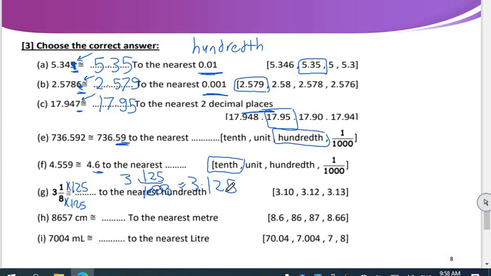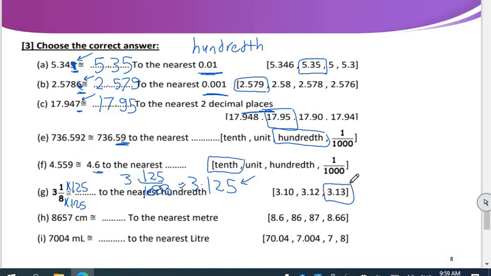So we ask 5. 5, you are strong or you are weak? I am a strong number. So we add 1 to the hundredths. So 2 becomes what? Super, 3. So the result will be 3.13.